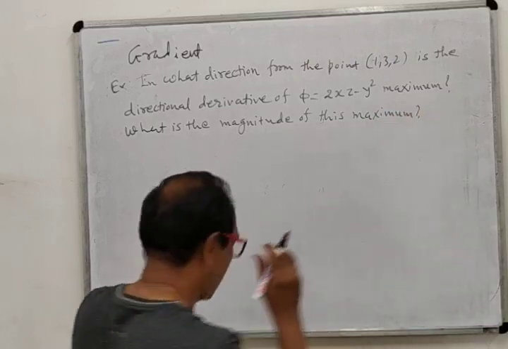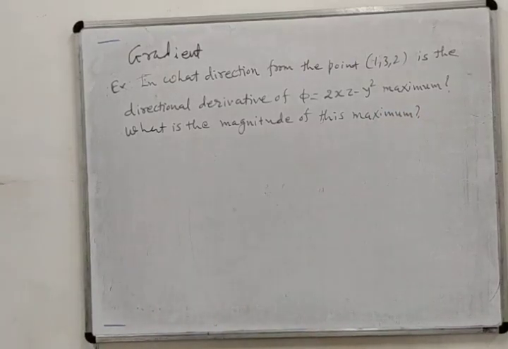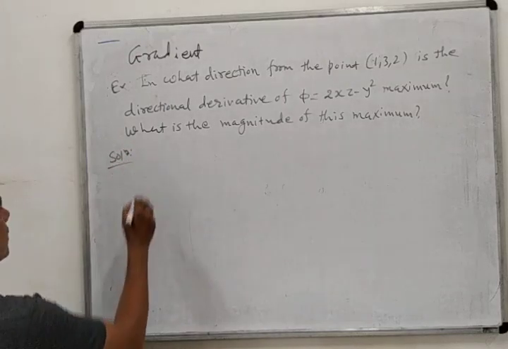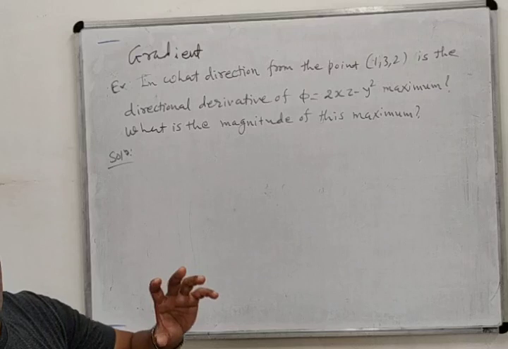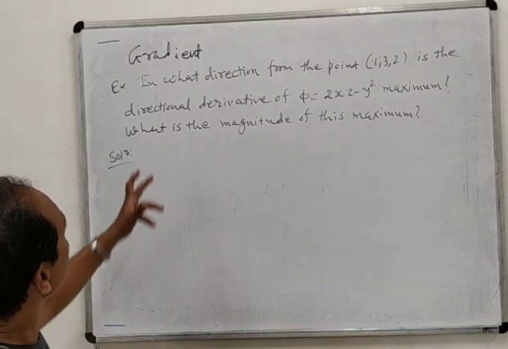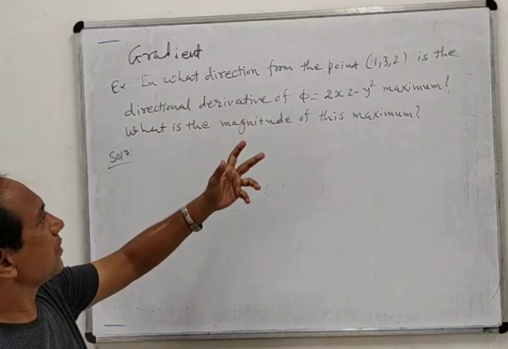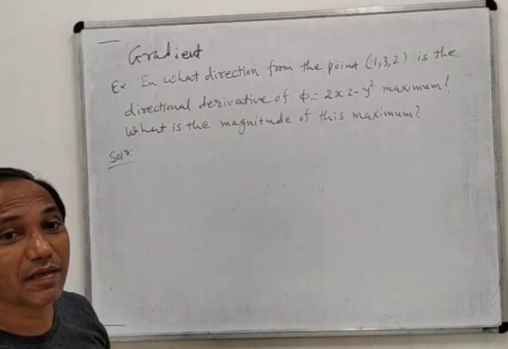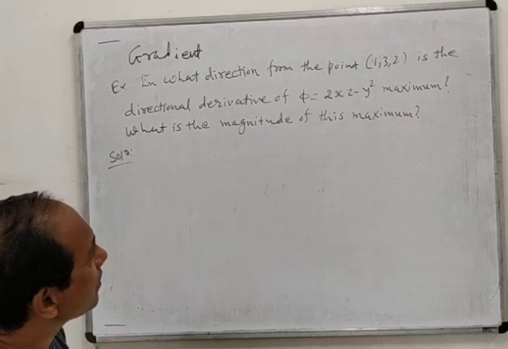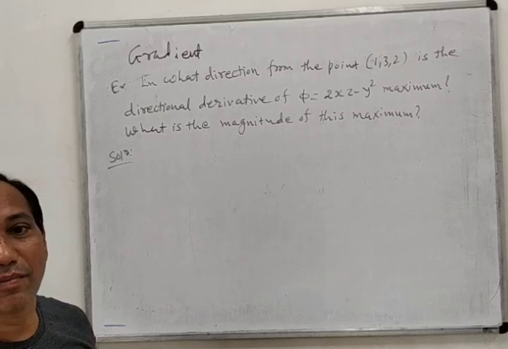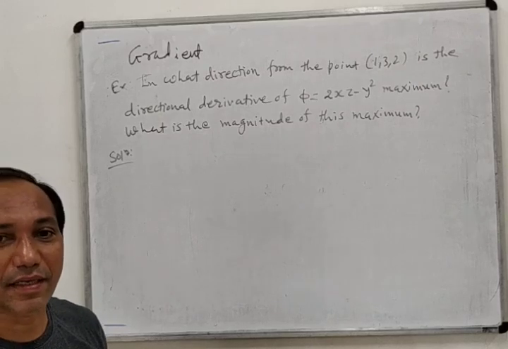So here this question is very simple, because in the last lecture I explained to you that the gradient also shows the maximum value. In what direction is the directional derivative of phi maximum? The maximum is available in the direction of gradient phi, because gradient is a vector and a vector has some direction.